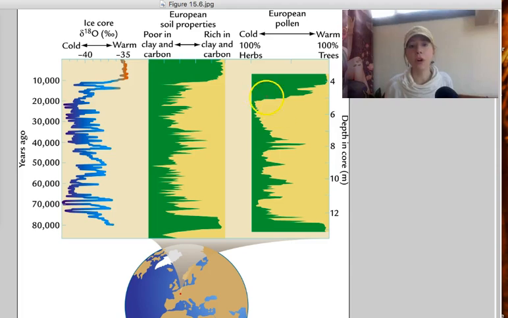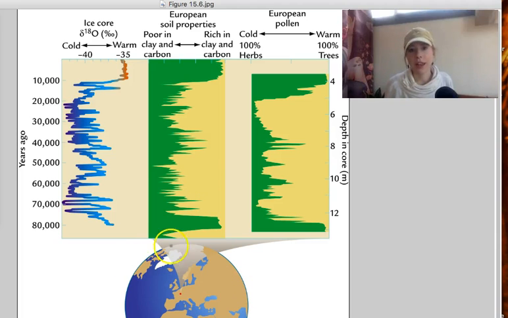Now, if you move over to the right, we're now looking at a sediment core from Northern Europe, and we're looking at the carbon percentages in this core. And since there's carbon present, that means we can date the depth of the sediment core using carbon-14.